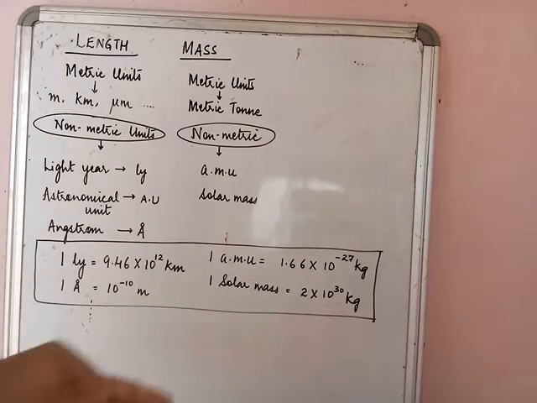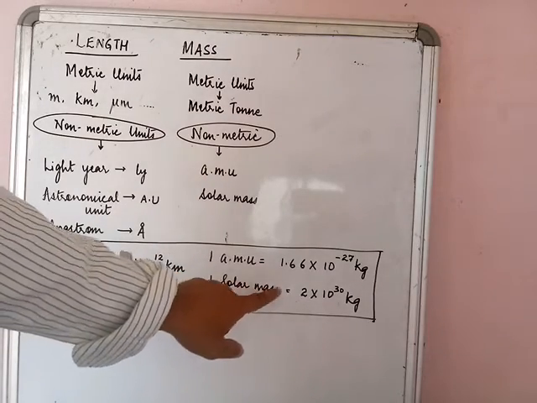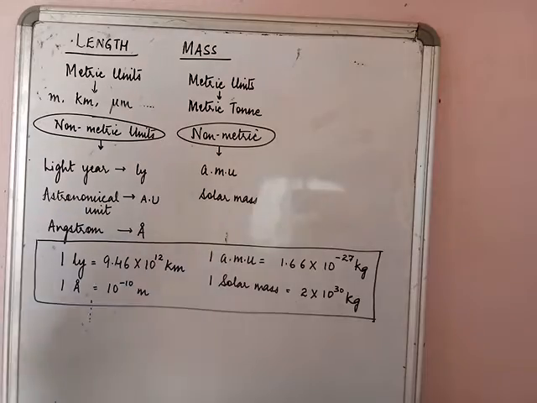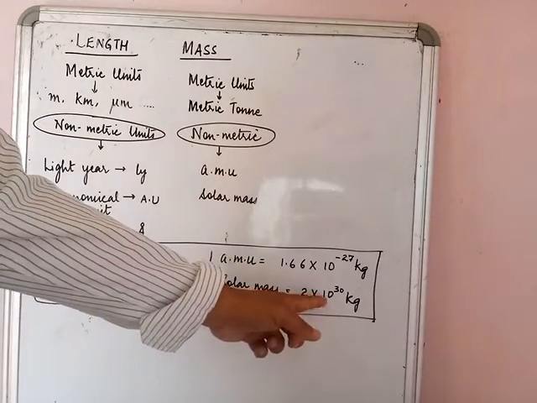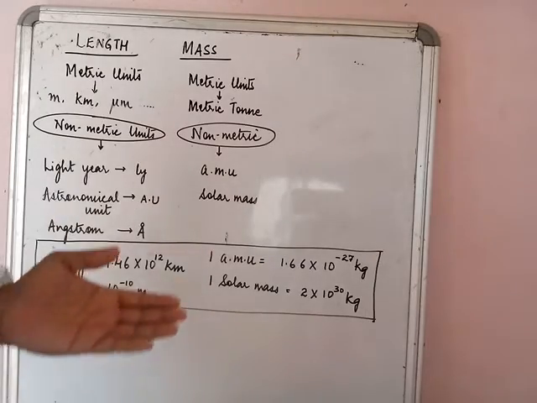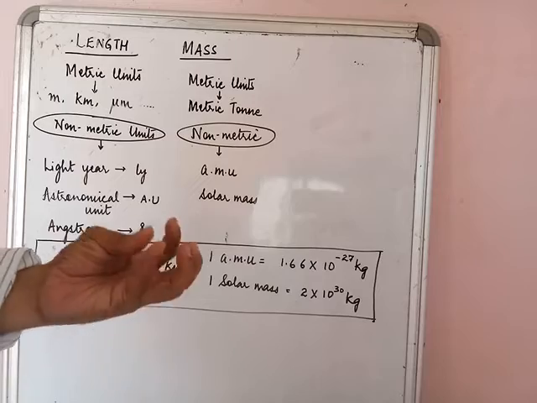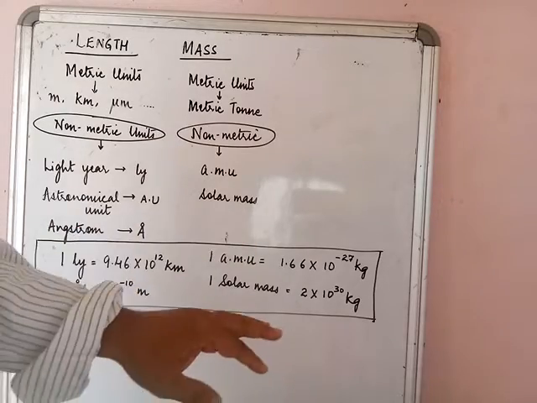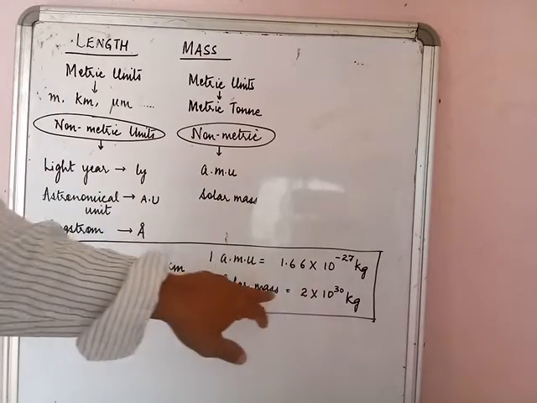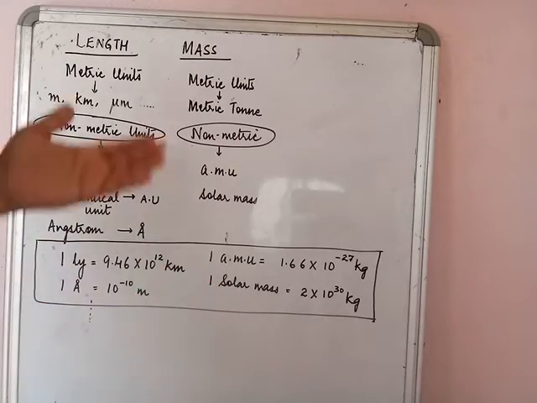Similarly, we have the solar mass. 1 solar mass is equal to 2 into 10 to the power plus 30 kg. This is a very large value, so it will not be used to represent bodies that are light in nature. In contrast, this is a larger unit of mass.